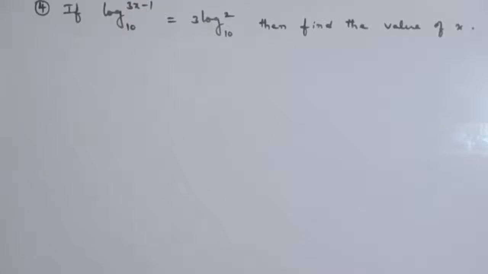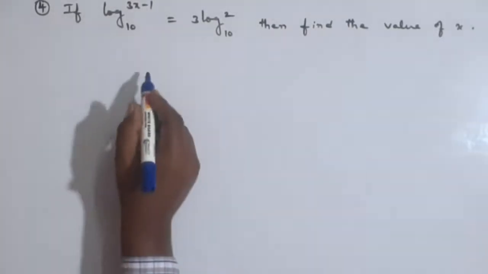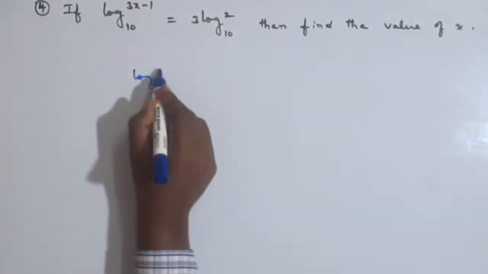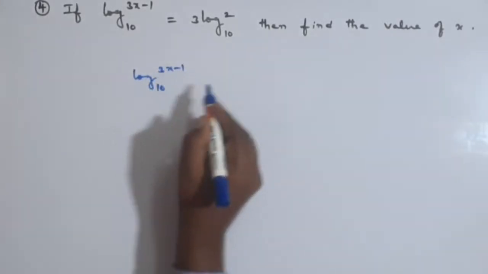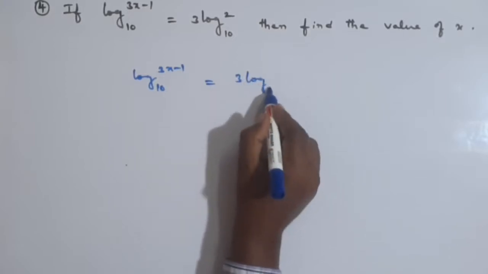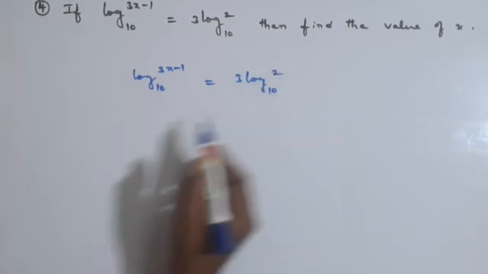Next question: if log base 10 to 3x minus 1 equals 3 of log base 10 to 2, then find the value of x. The given question is log base 10 to 3x minus 1 equals 3 of log base 10 to 2.